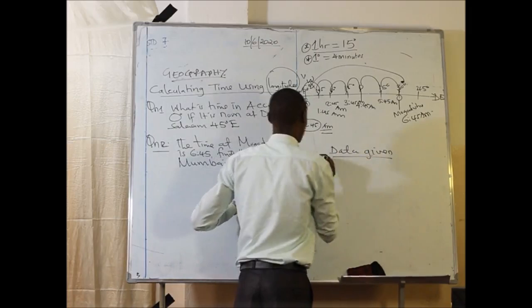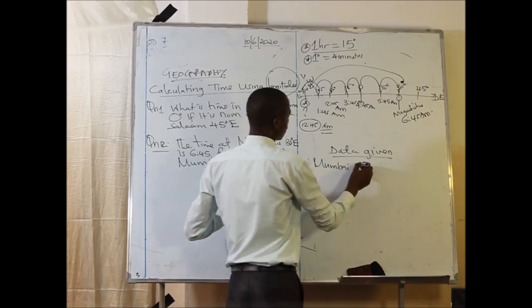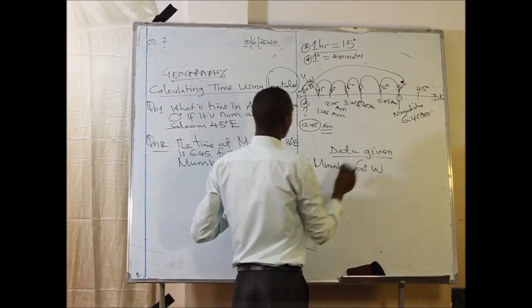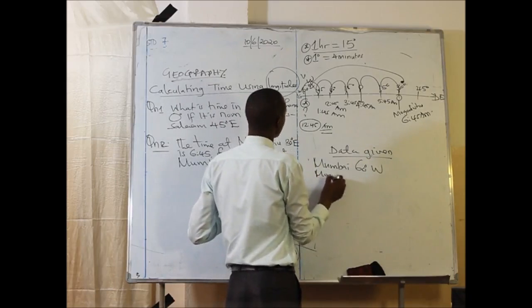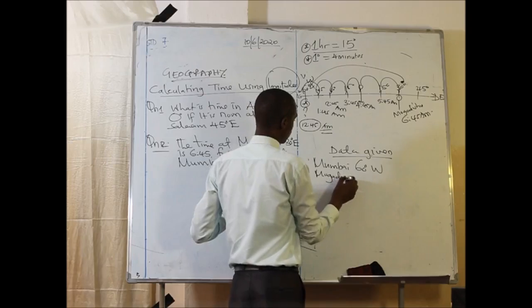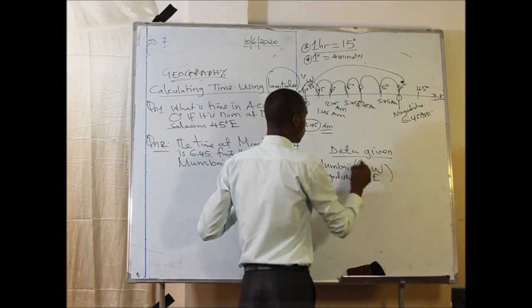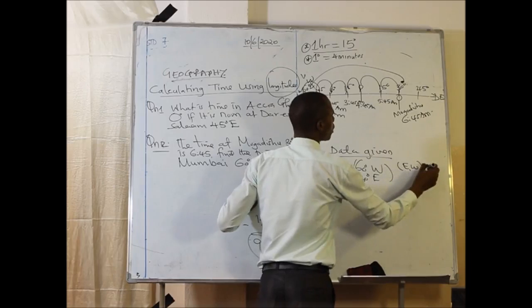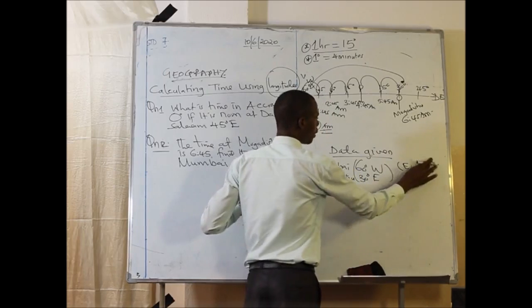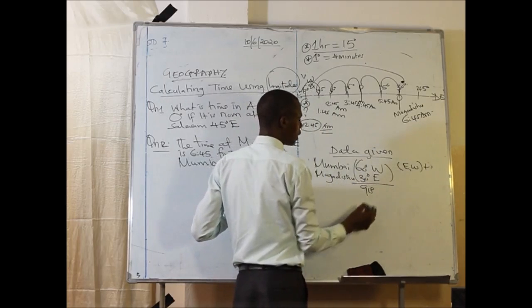We have Mumbai, which is 60 degrees west, and Mogadishu, which is 30 degrees east. Because we have been given east and west, we normally add them. So we add here, whereby we get 90 degrees.